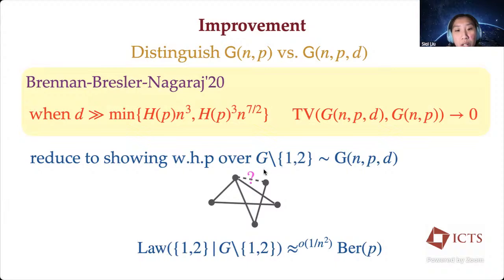So now we're looking at the TV distance between n choose 2 random variables. Recall that in the Erdős-Rényi graph, this is just n choose 2 Bernoulli random variables. And what they did is they bounded the KL divergence between these two distributions.